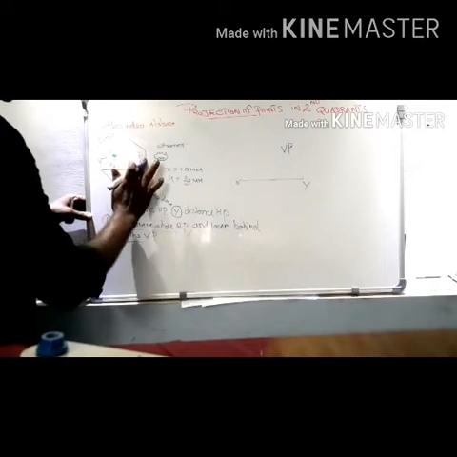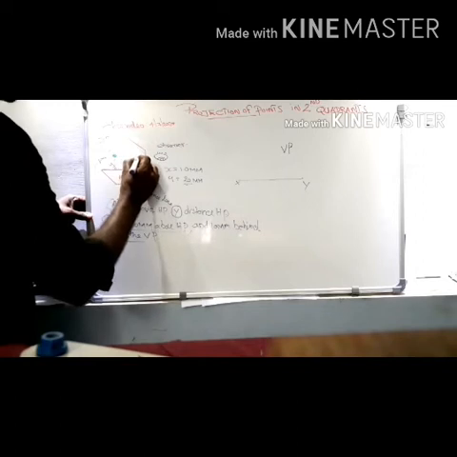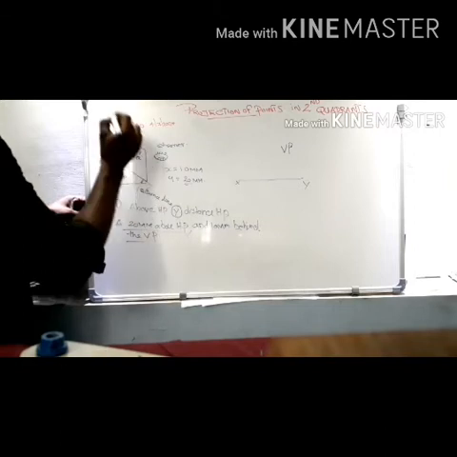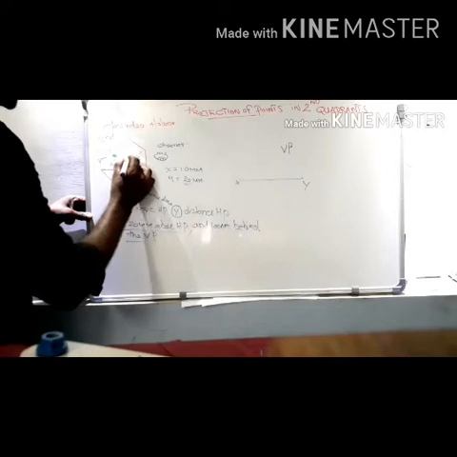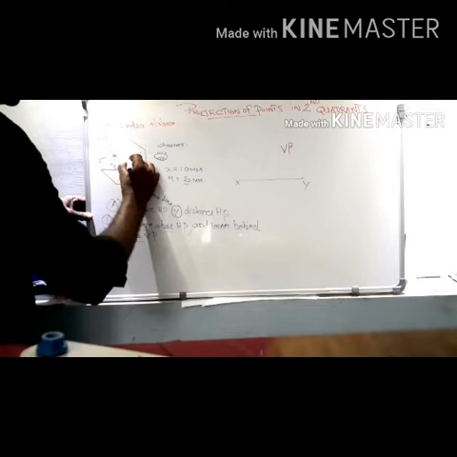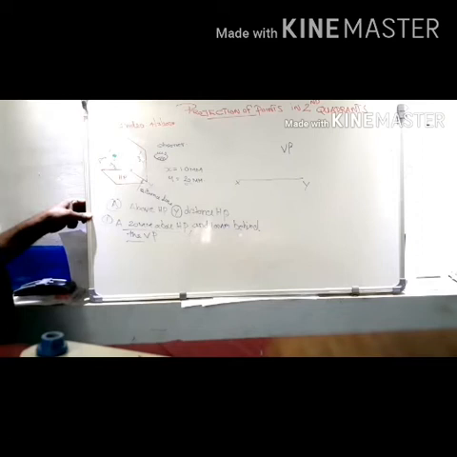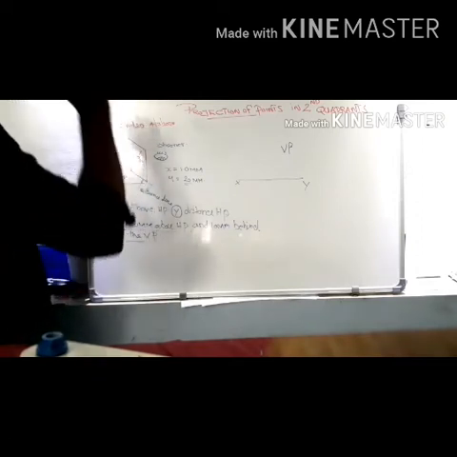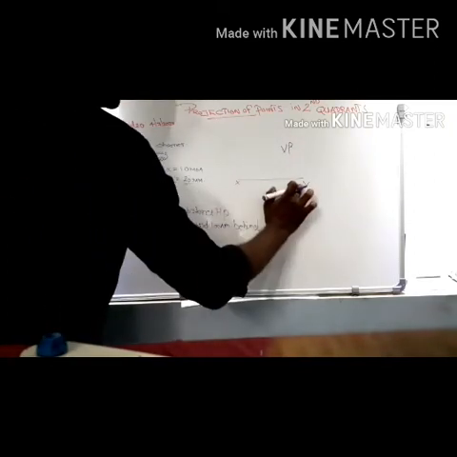After projecting this point here, we mark it with the small letter a with a dash. What is the height of that point from the reference line? The value of y is given, that is 20 mm. So we mark that point 20 mm. Now we have to get the front view, projected on the vertical plane. This is our vertical plane surface, this is our XY line.